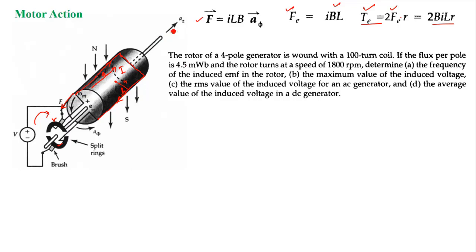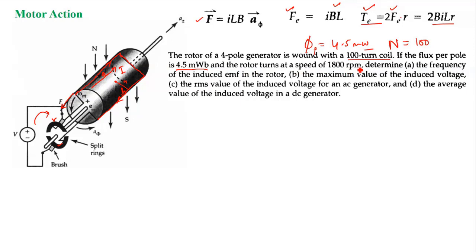The problem is: the rotor of a 4-pole generator is wound with a 100-turn coil. So the number of turns in the coil is 100, and the flux per pole is 4.5 milliweber, right? And N is 100.